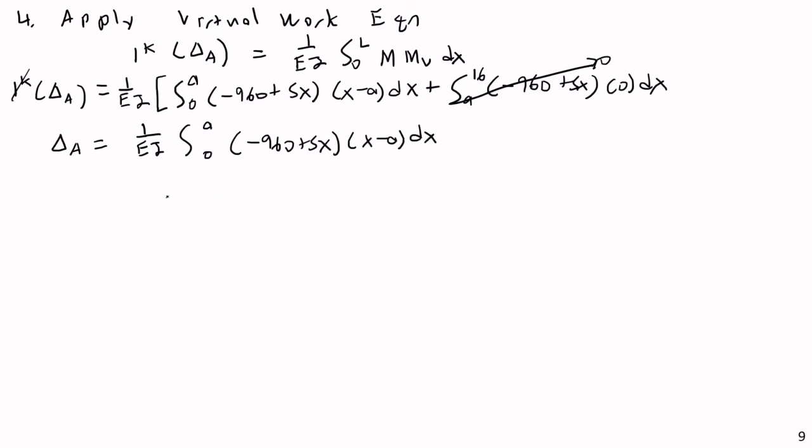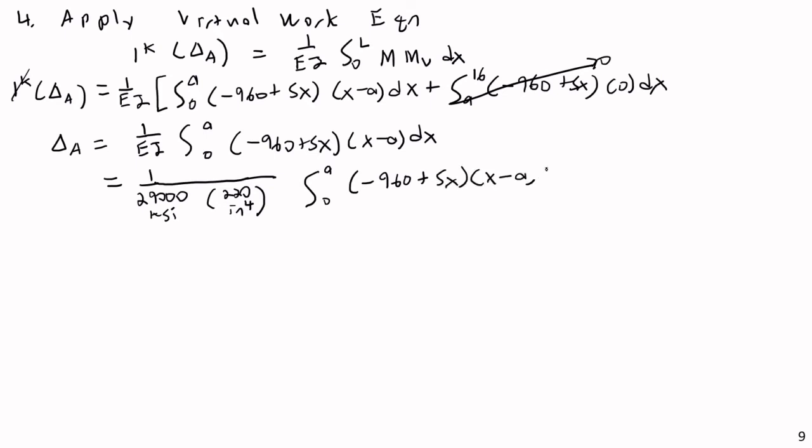And this is also equal to 1 over 29,000 ksi times the moment of inertia of 220 inches to the 4th power, times the integral we had before, the integral from 0 to a of negative 960 plus 5x times x minus a dx.